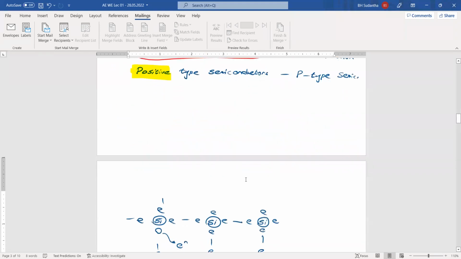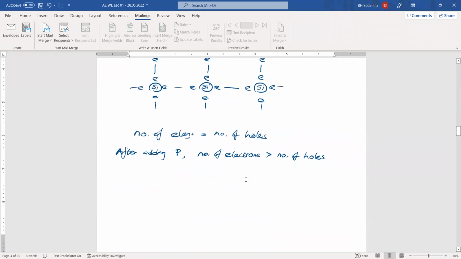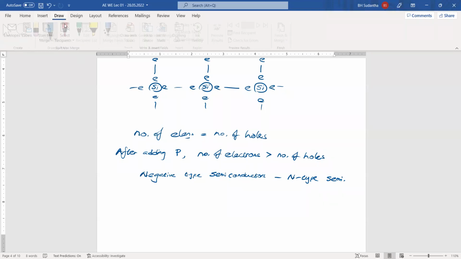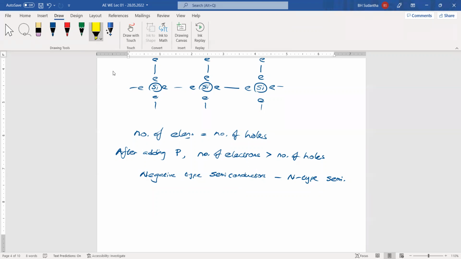They are electrons. In here, the number of electrons is greater than the number of holes. Then we say these are negative type semiconductors. Why? The negative characteristics are here. Okay, then this is an n-type semiconductor. Okay. They are negative type semiconductors.